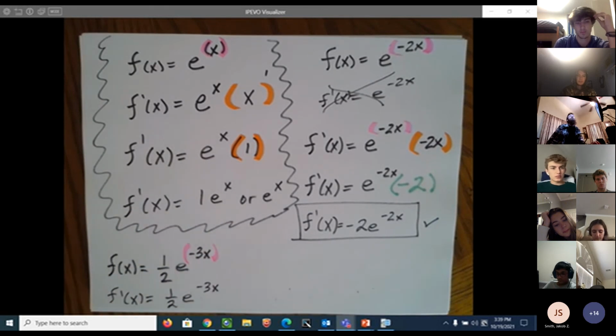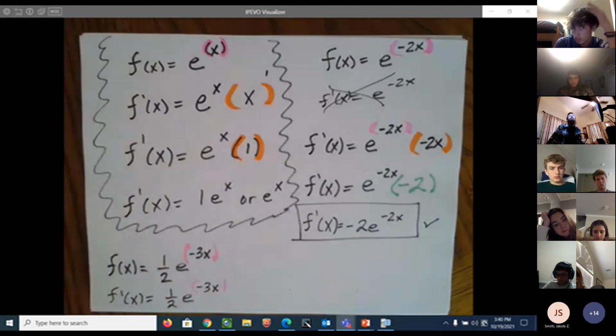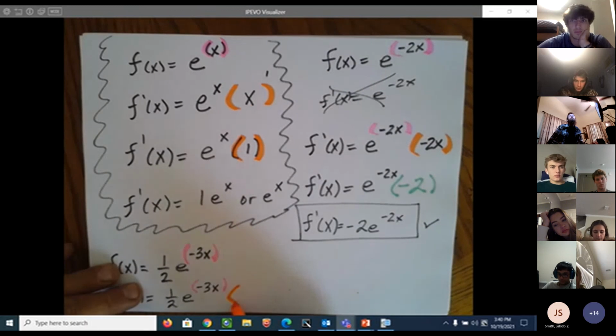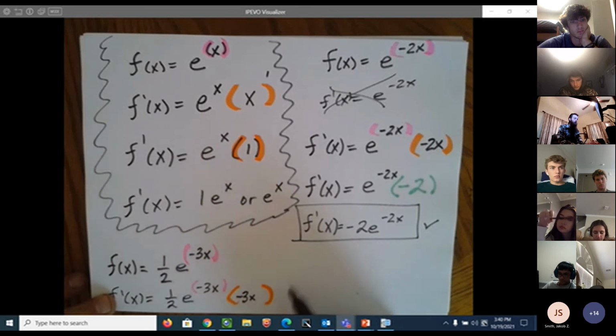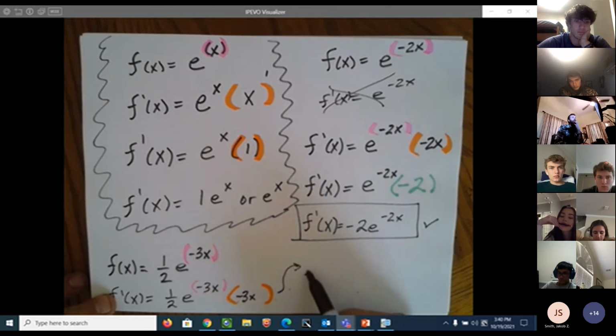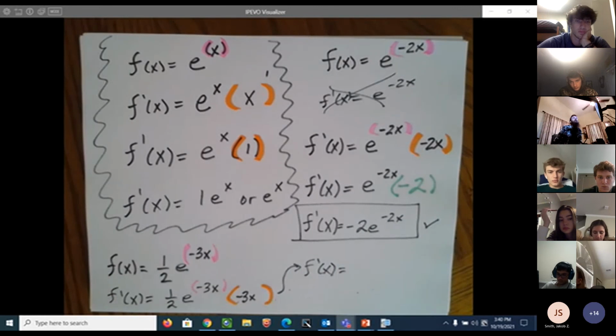And then I take those pink parentheses and I turn them into orange parentheses. And I put that negative 3x in there. f prime of x is equal to, what is the derivative of negative 3x?